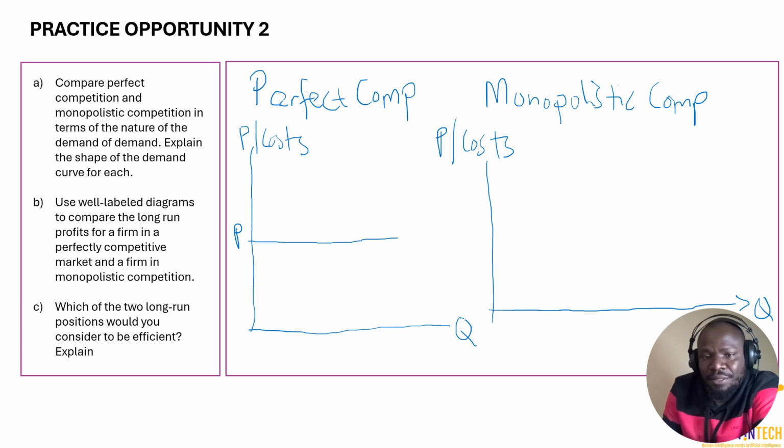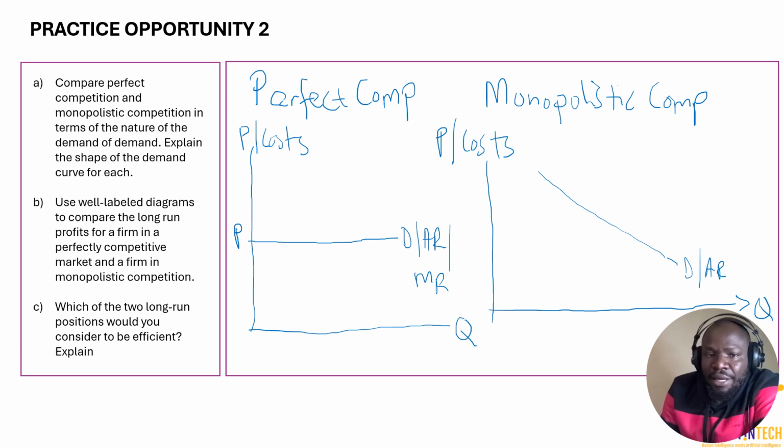This is the demand. And for perfect competition, the demand is the same as the average revenue, is the same as the marginal revenue, right? Monopolistic competition, the demand curve is going to look like this. And the demand curve is also the average revenue in monopolistic competition.